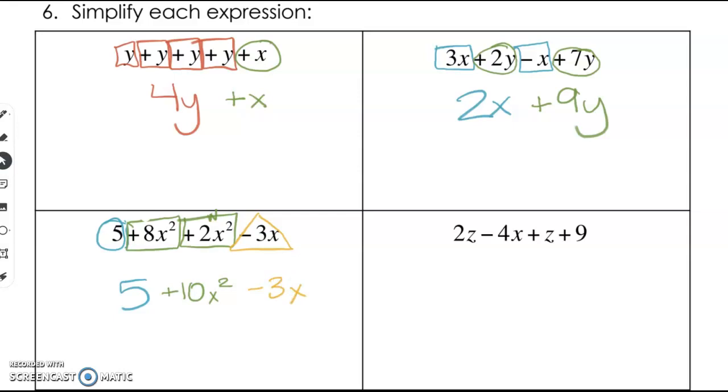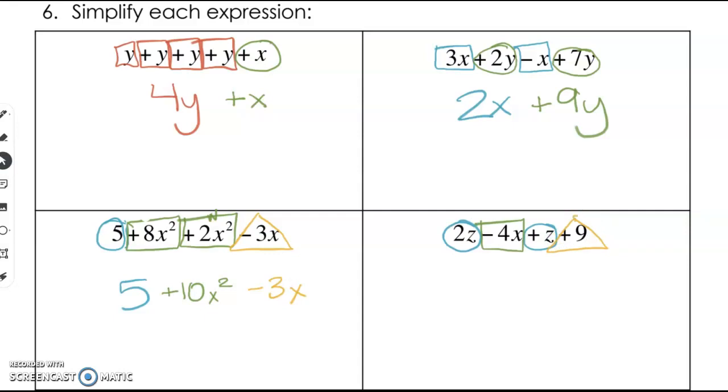Okay, and then let's look at my last one. Here I have 2 different coefficients and two different variables. I have a z and I have an x. So let's look at my z's first. I have 2z and I have plus z. And then I also have 4x, no other x's. So I change my shape for my 9. So now I'm going to combine my like terms. Look for my circles.